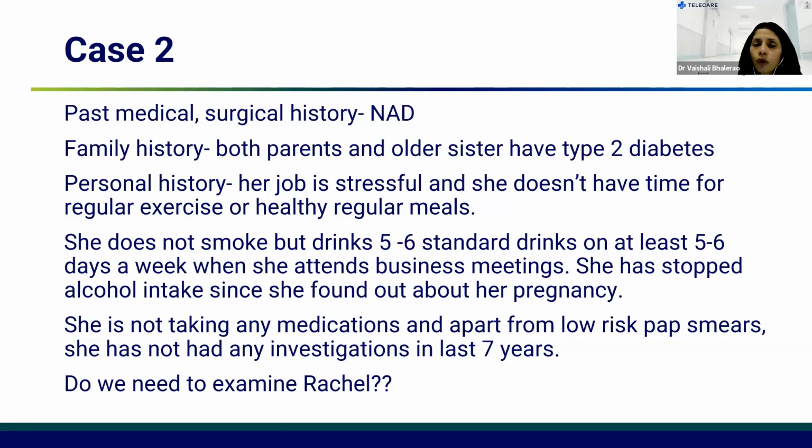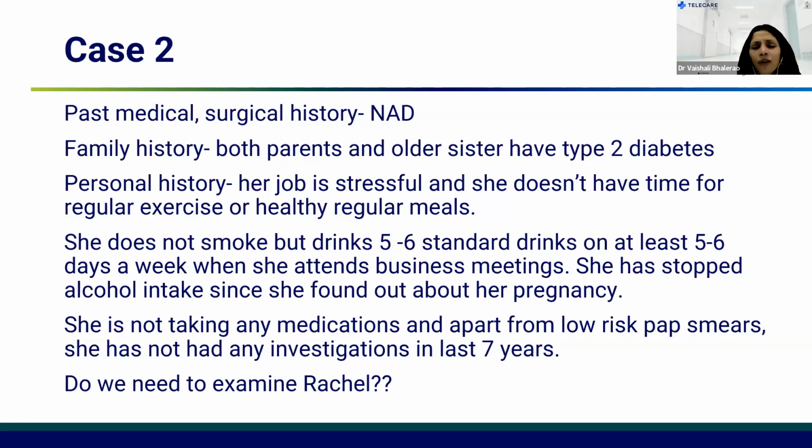She does not smoke, but she drinks 5 to 6 standard drinks on at least 5 to 6 days a week when she attends her business meetings. She has stopped alcohol intake since she found out about her pregnancy. She's not taking any medication, and apart from a low-risk pap smear, she has not had any investigation in the last 7 years.